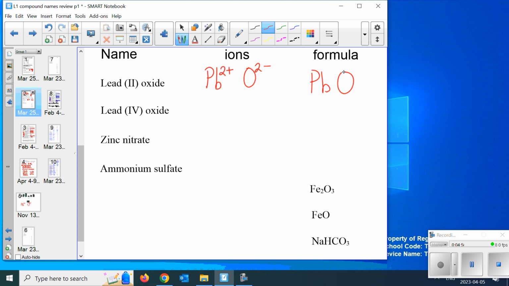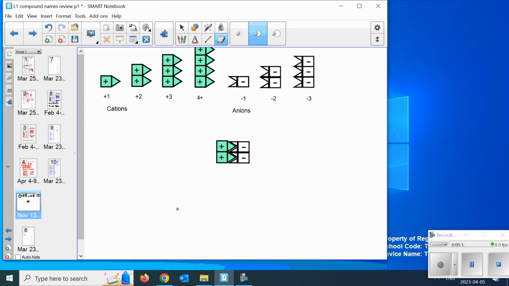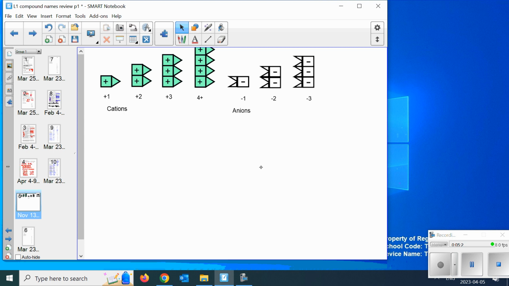So lead 4, I already know this. Pb, and it tells you the charge. I've got 4. I'm going to write down what I'm doing.